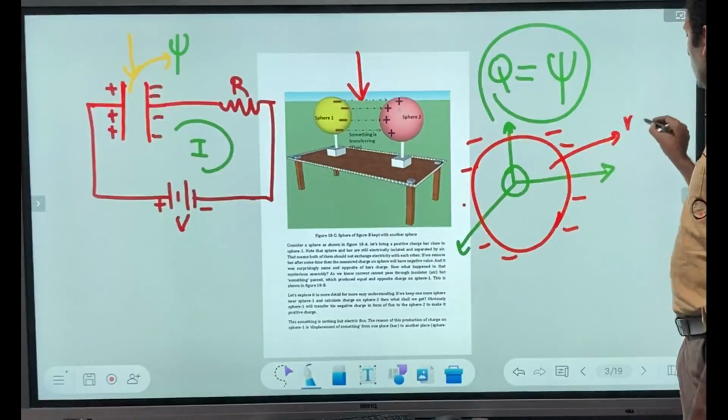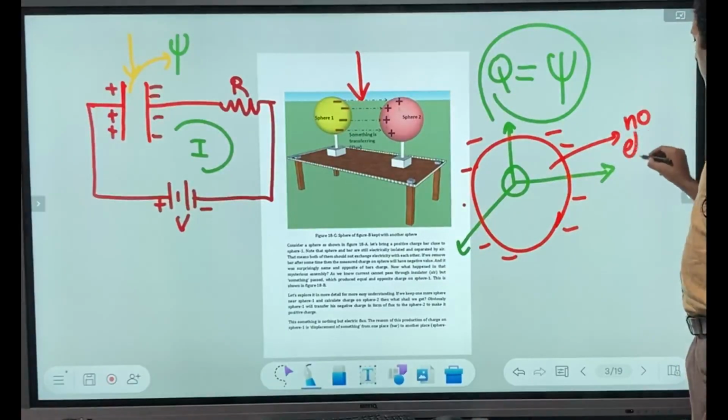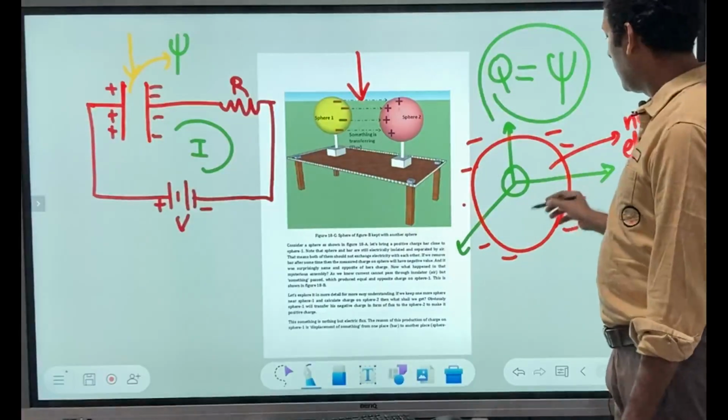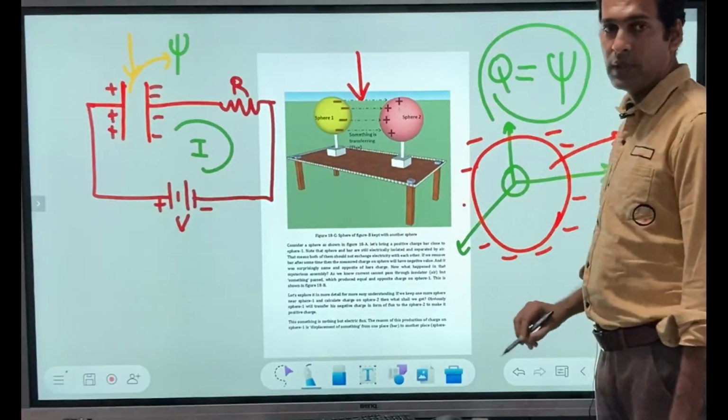That means there was no electrical connection. They were electrically isolated. And after some time, what he did, he removed that sphere.